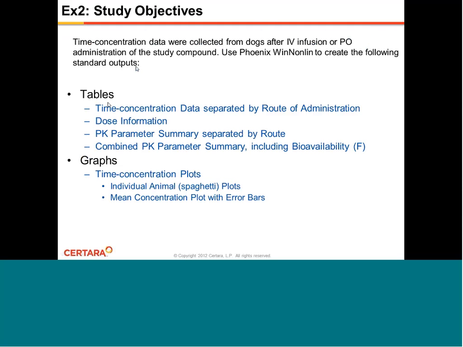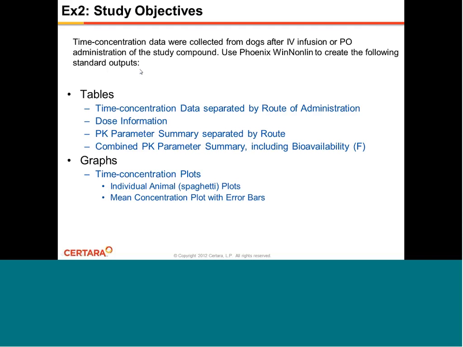The tables of interest include time concentration data separated by route of administration, the dose summary table, PK parameter summary table separated by route of administration, and then a combined PK parameter summary including the bioavailability calculation to get fraction bioavailable. The graphs include the individual animal spaghetti plots, as well as a mean concentration plot with error bars.